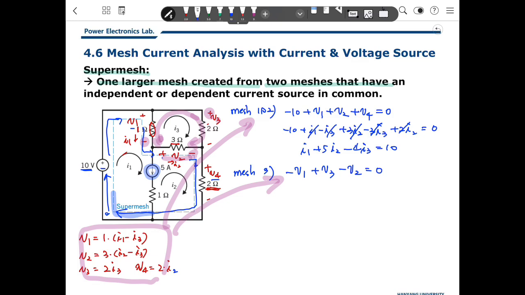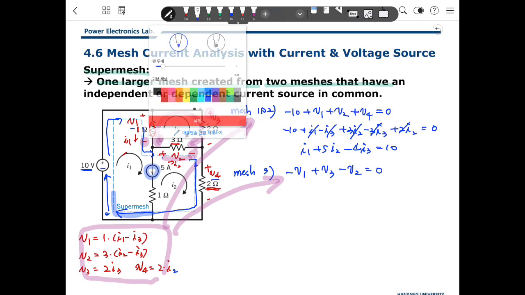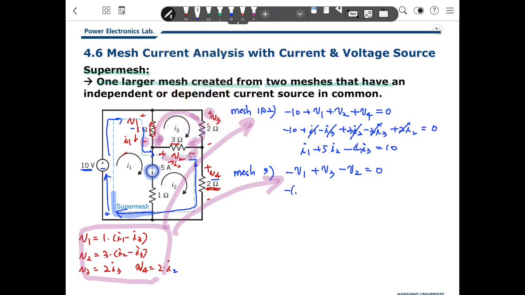So what is minus V1? V1 is I1 minus I3, so minus I1 plus I3, and V3 is here, plus 2I3, minus 3I2 plus 3I3 equals 0.